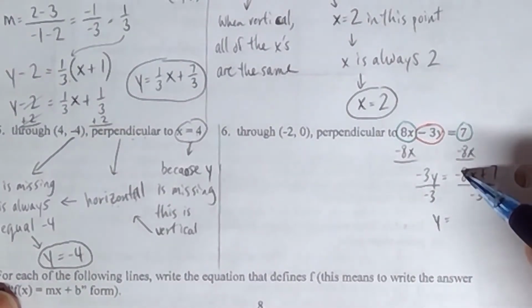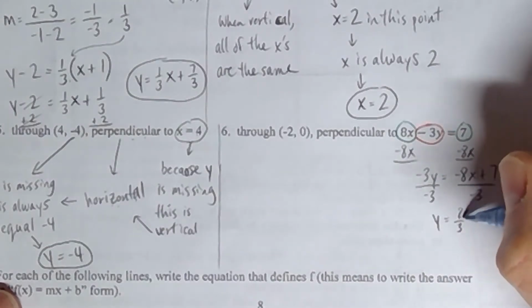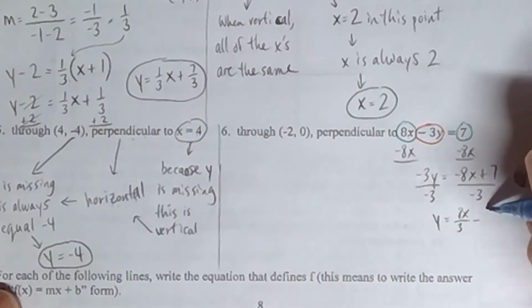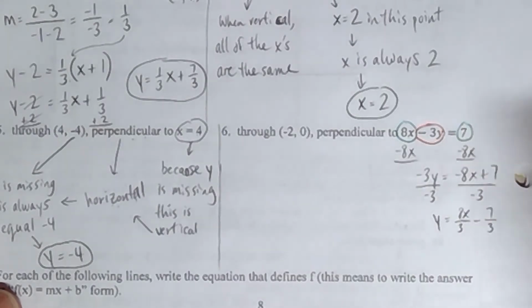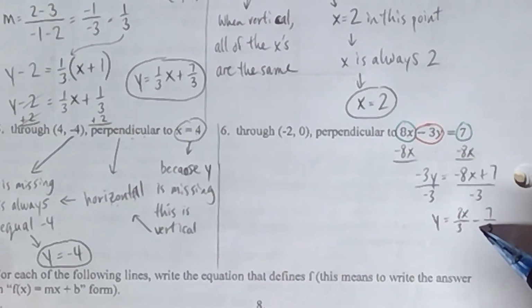Just like I did in the last section, negative divided by negative is positive. Okay, 8x over 3, and then positive divided by negative is negative, so you put the minus in front of it when you're dividing each term. If it's negative, you put a minus in front. No negatives on the insides of the fractions here, you guys. Just a negative in front if it's negative, a plus in front if it had been positive.